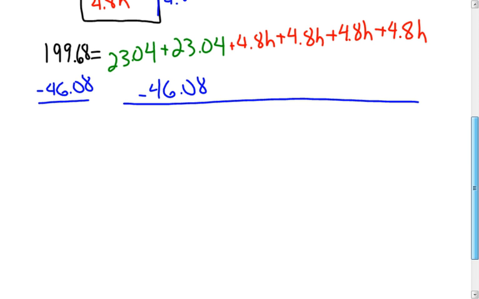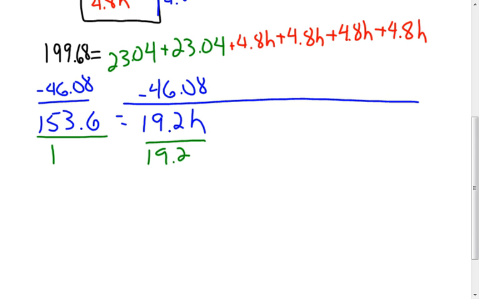When I do that, I end up with 153.6 equals, and now if I take that 4.8 and add it up 4 times, I end up with 19.2h. Well, divide both sides of my equation by 19.2. I end up with h equal to 8.